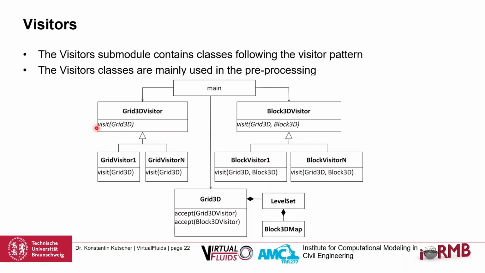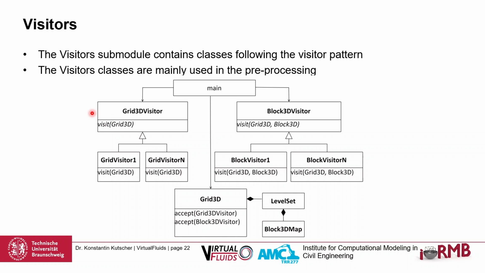This then is a good pattern, this visitor, because it's independent of your data structure. You implement these visitors for different purposes, with different goals, and you can easily extend your code. You write your visitor, and that's it.